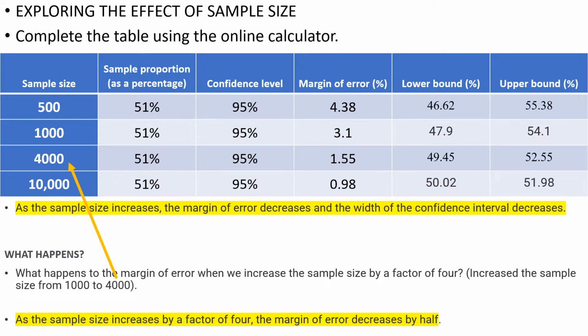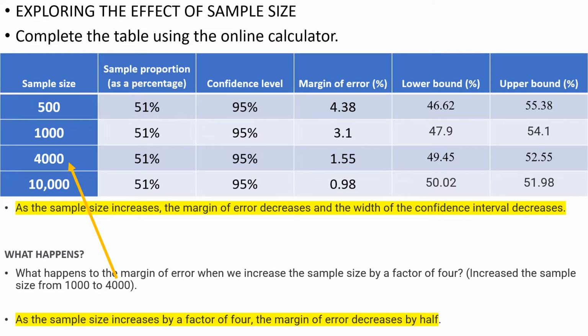Okay, people, I hope you've seen it, but over here on the left-hand side, if you look at that orange arrow, you can see the different sample sizes, 500, 1,000, 4,000, and 10,000. So as the sample size increases, the margin of error decreases. In other words, if we take a bigger sample, we're getting nearer to the size of the population.